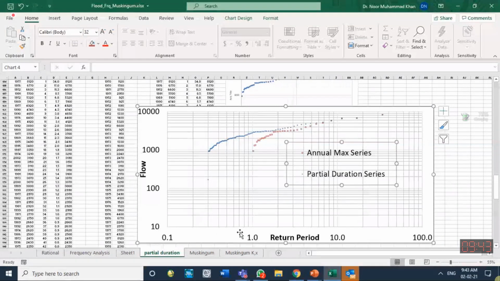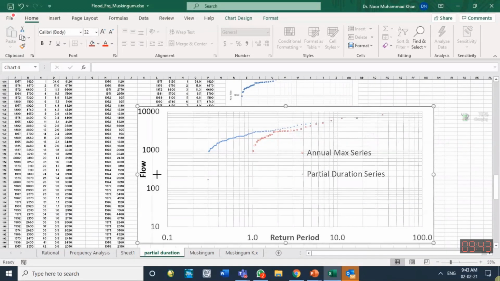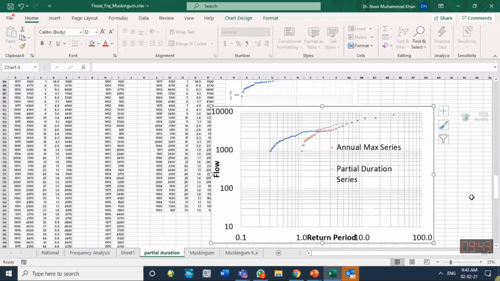For the lower return period, they vary a lot, but for higher return period, when they approach the number of years of the data, like 33 years, they are nearly similar. They are giving us similar results. So both yield similar results for higher return period, but they deviate a lot for the lower values.